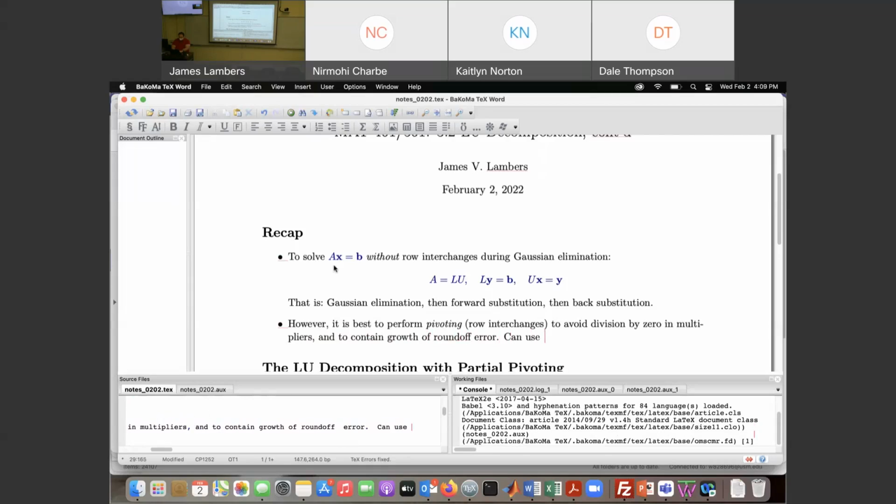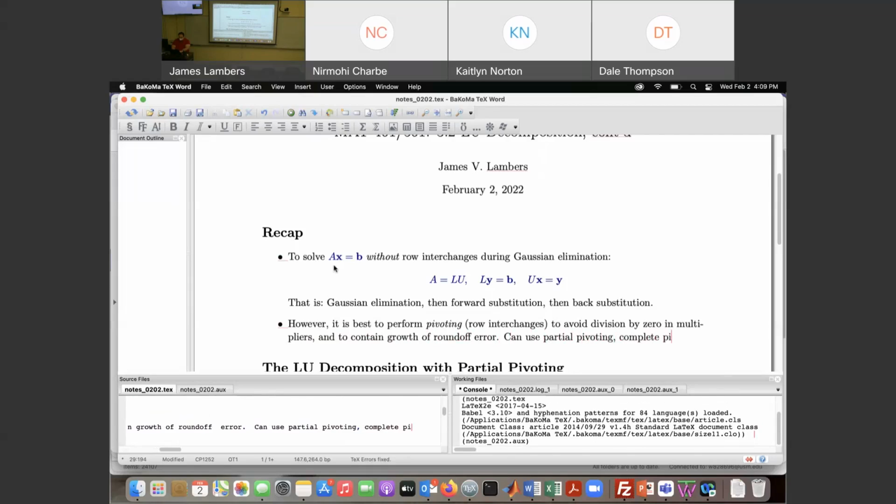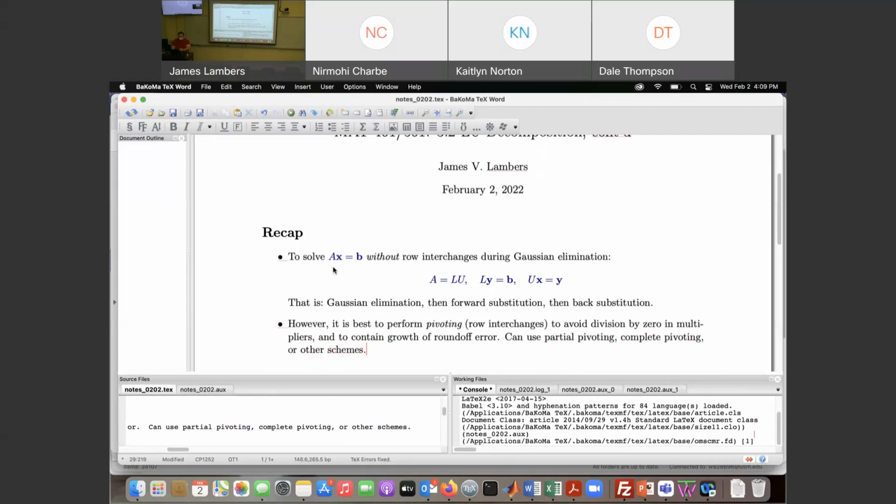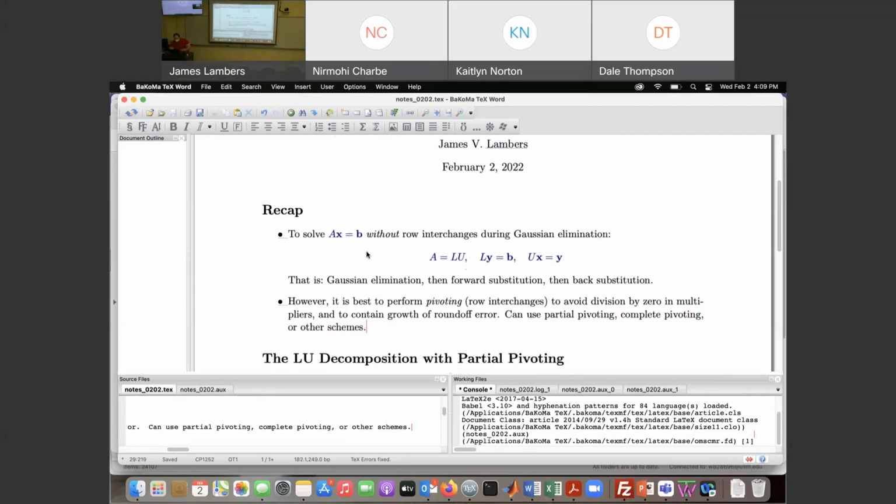And two schemes that we saw are partial pivoting and complete pivoting. There are other pivoting approaches that I'll get into more in a later section, but those are the two best known ones. All right.